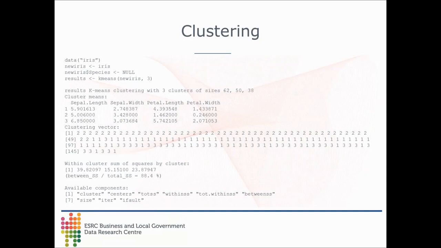But when we follow the documentation around this data set and use 3 clusters, we can see the size of the sepal length, sepal width, the petal length, the petal width. So we're looking at the shape of a flower.